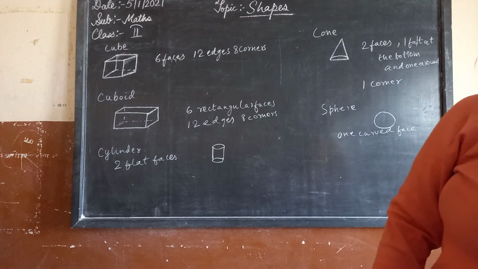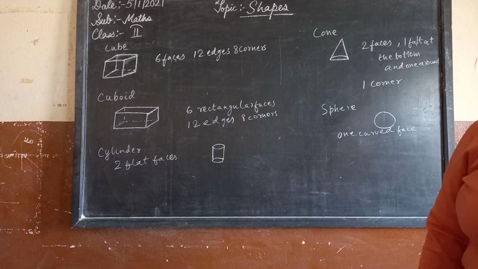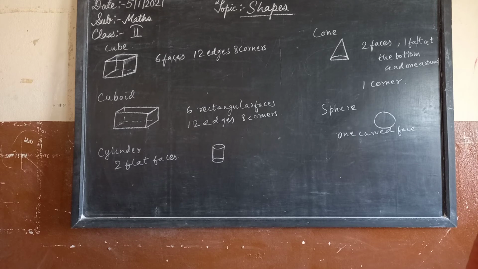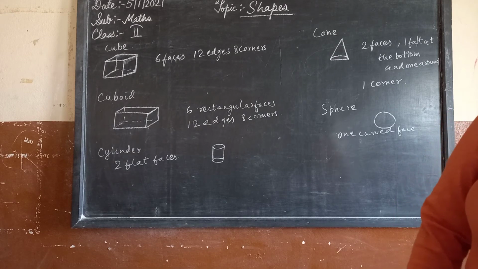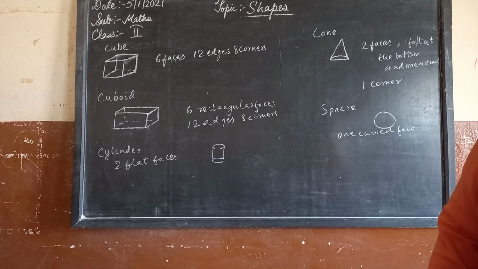So cube is a 3-dimensional shape which has 6 squares, all the same size, 8 corners and 12 edges. Some faces and edges are parallel to each other. Cuboid has 6 rectangular faces, opposite faces are the same, and it has 8 corners and 12 edges.